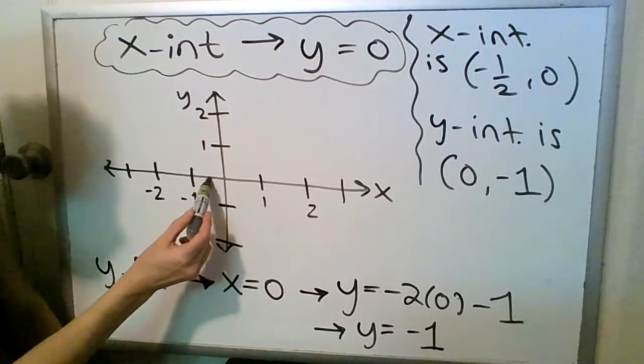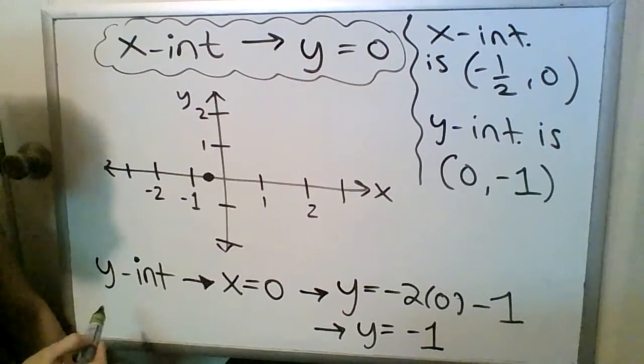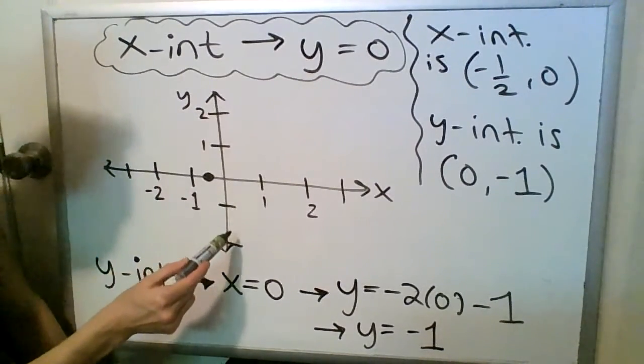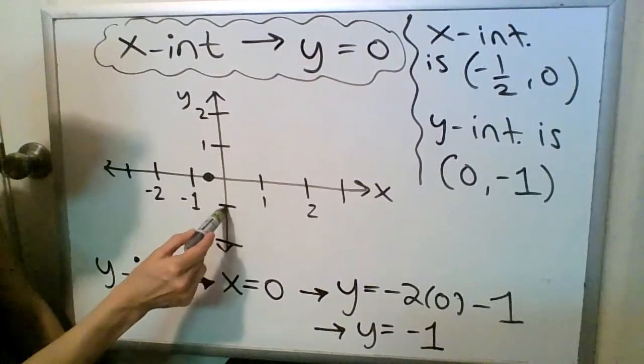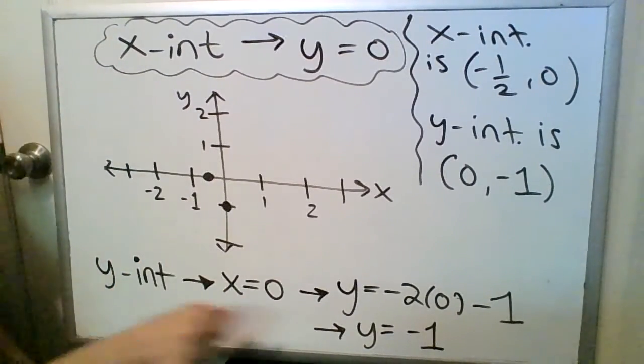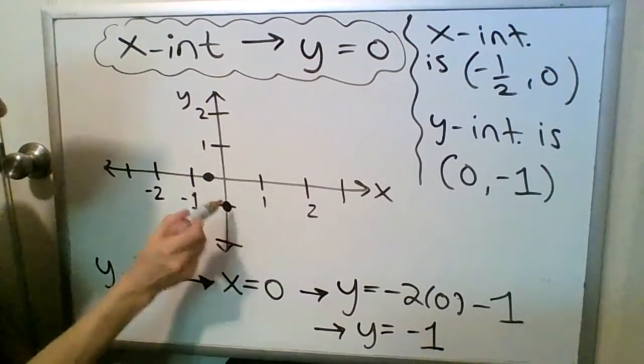Here's (-1/2, 0). And our other intercept on the y-axis was (0, -1). And do your best to draw a straight line through those 2 points.